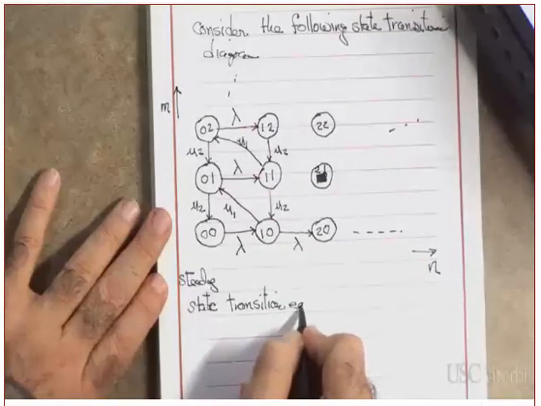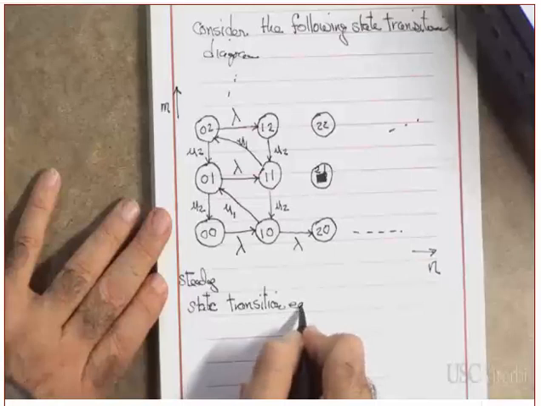Clear? Tell me, what is it equal to? The outgoing equals the incomings. Where are the incomings? Here. Lambda times P n minus 1, 0. Do we agree? What is the other one?